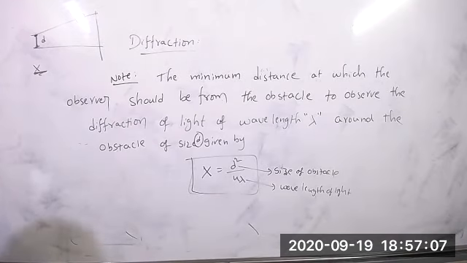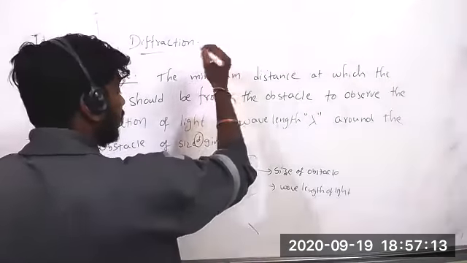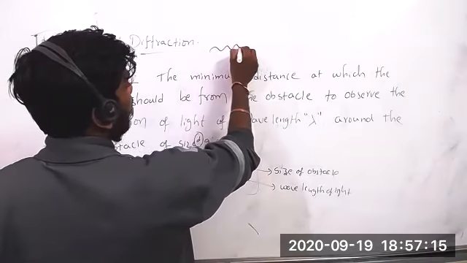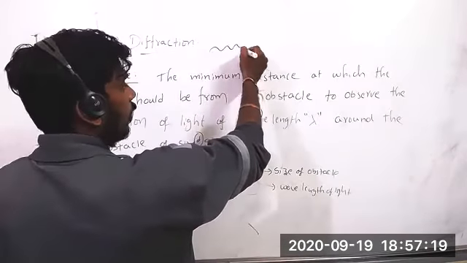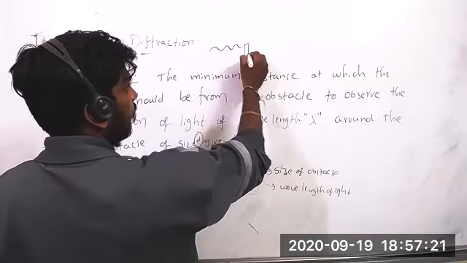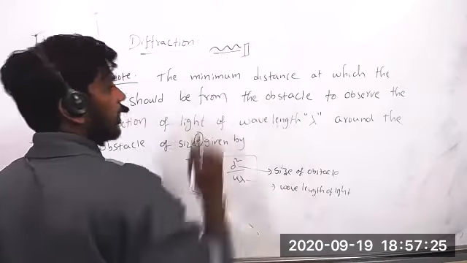But you should know that to get diffraction, the wavelength of the light should be equal to the size of the object. The wavelength of the light is equal to the size of the obstacle.